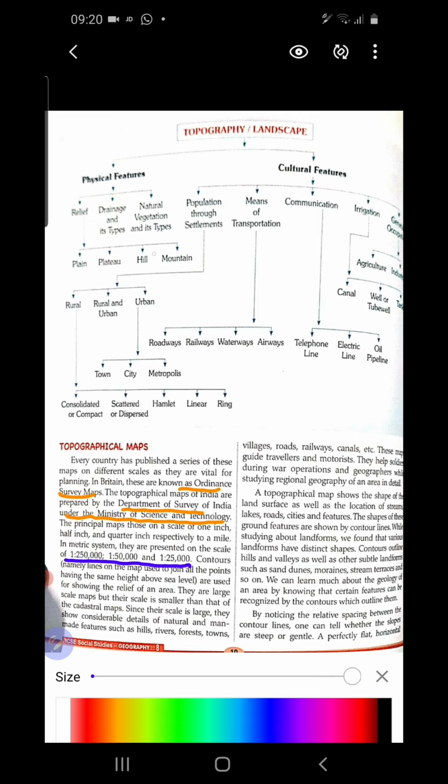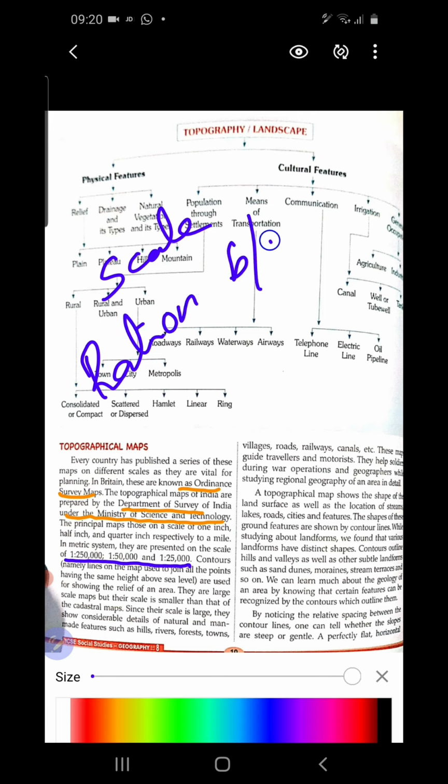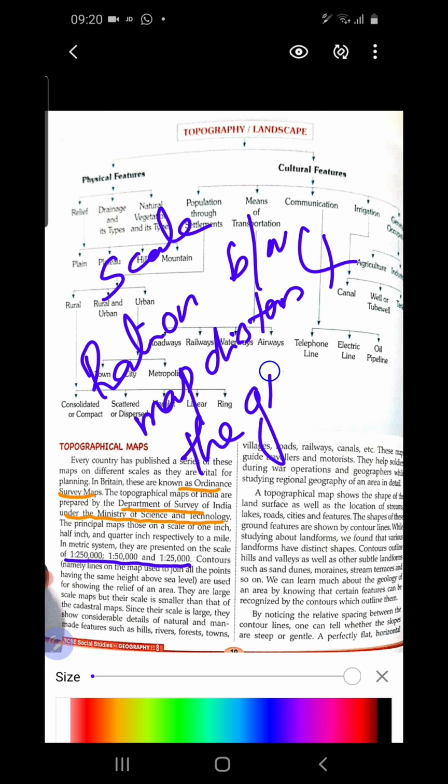That means the scale is adopted for topographical maps. What is the scale actually? Scale is the ratio between the map distance and the ground distance. Clear? Now, which is the map distance here?